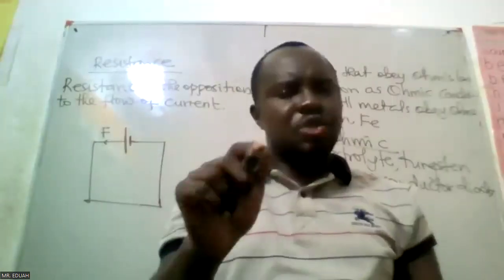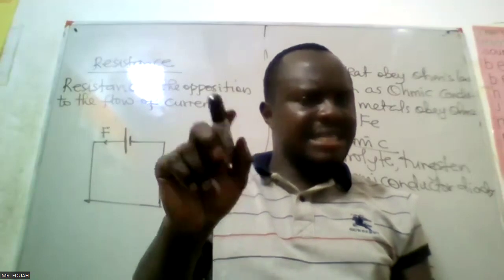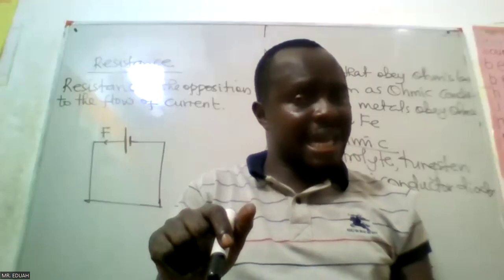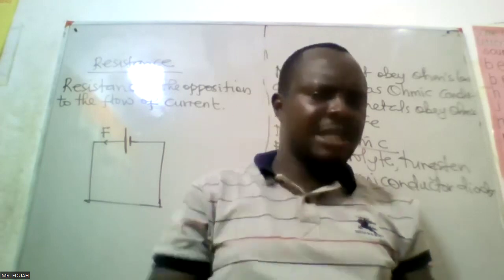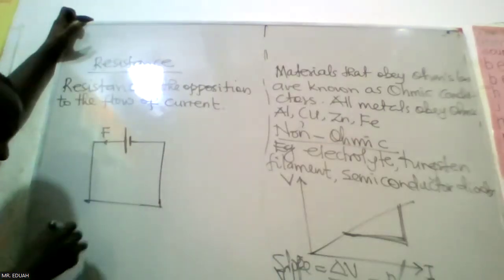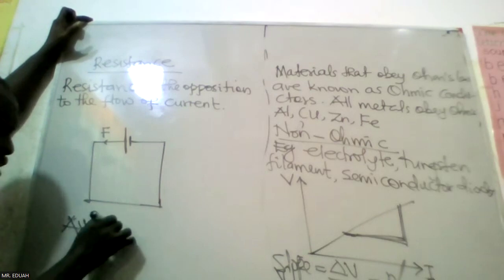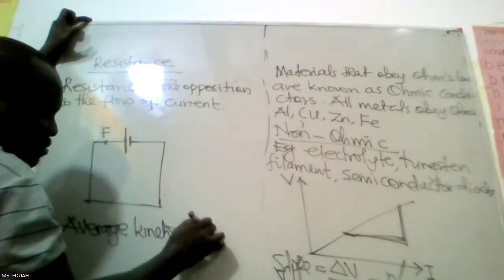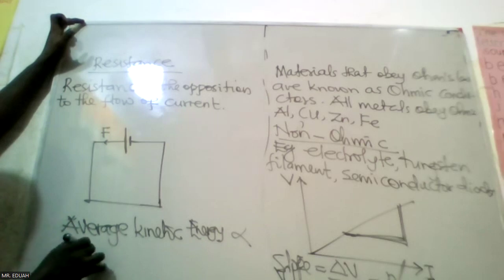Okay, kinetic theory: average kinetic energy is directly proportional to what? Absolute temperature. So for molecules or particles, average kinetic energy of the molecules is directly proportional to absolute temperature.